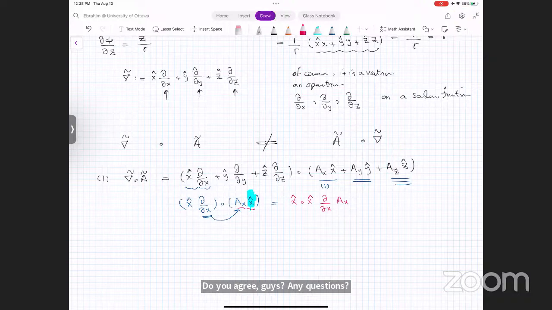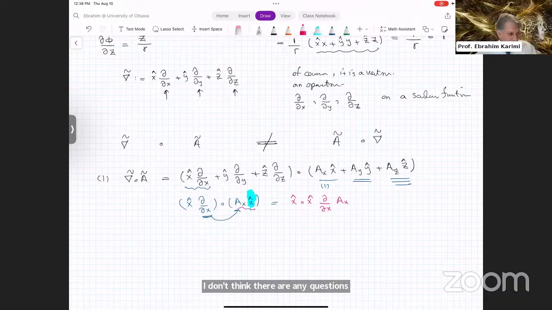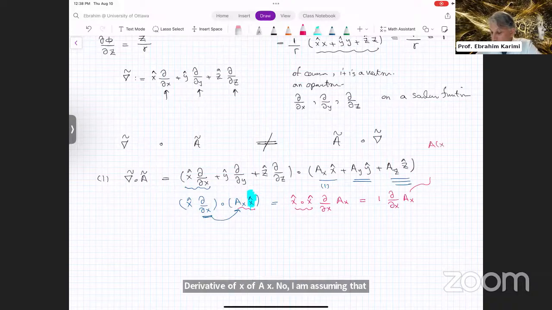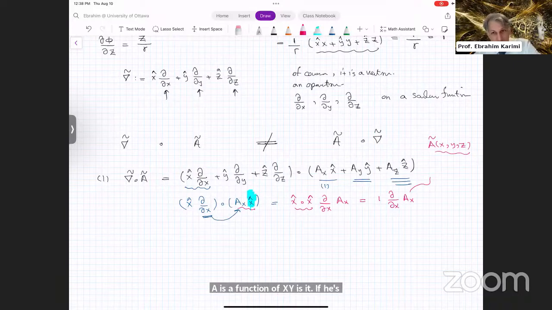I don't think there are any questions. Lovely. So what is going on with x hat dot x hat? We did the calculation in the past: it is equal to 1, so we get the derivative of x of ax. Now I am assuming that A is a function of x, y, and z. If it's not a function of x, y, and z and is a constant vector, definitely the derivative of a constant will be equal to 0.